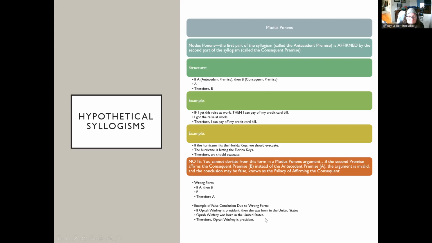Therefore, Oprah Winfrey is president. You can see how, because what this form is right here is if A, then B, B, therefore A. When you do that, you mess the form up, and it's invalid. You can't result with a true conclusion when you put B there instead of A in the second premise.